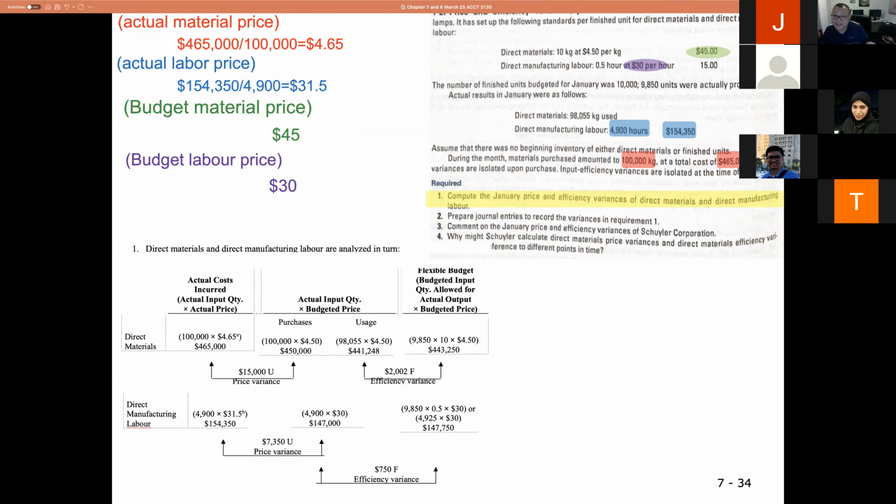So efficiency is not their job. That's why they probably evaluated it separately, and why they even break it down. Because otherwise you only have a flexible budget variance. Why would you go into this level? To see the partition, right?